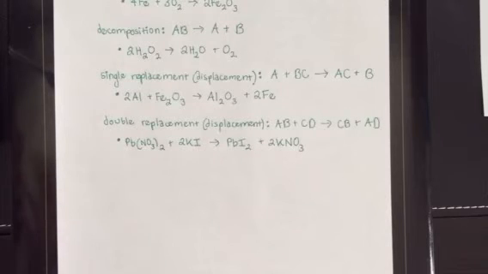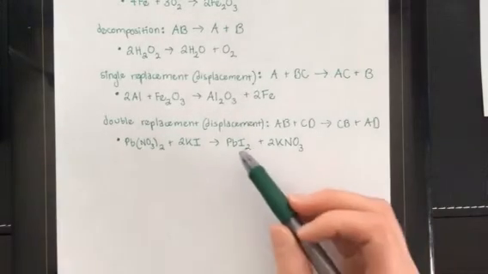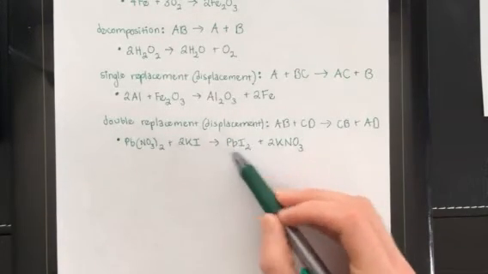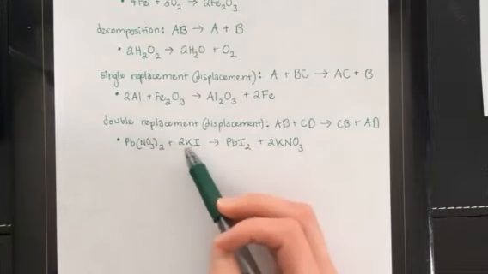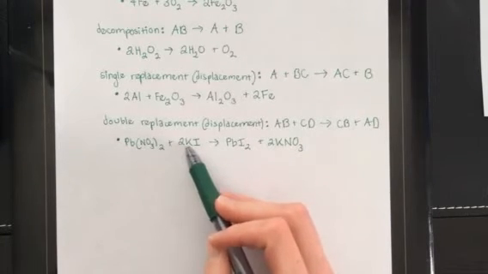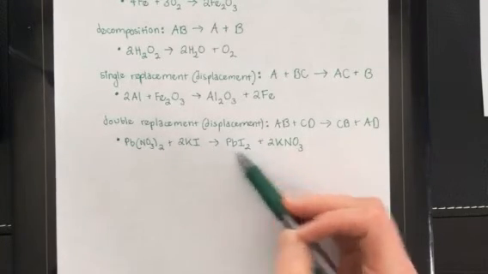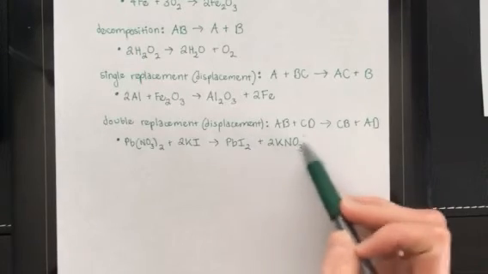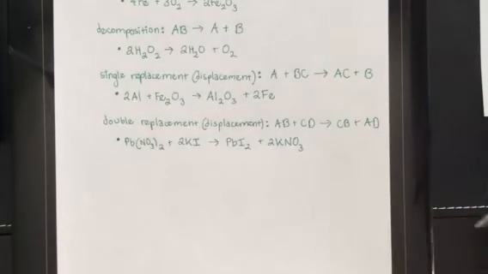A lot of you probably remember that because it was kind of like shocking. So that yellow chemical that formed, that's lead iodide. So you mix lead nitrate and potassium iodide, which are both clear, and then it forms solid lead iodide. And then these chemicals are just still dissolved in water.